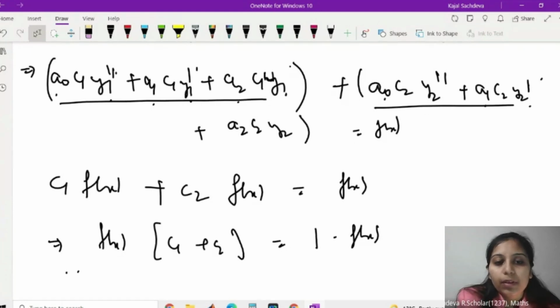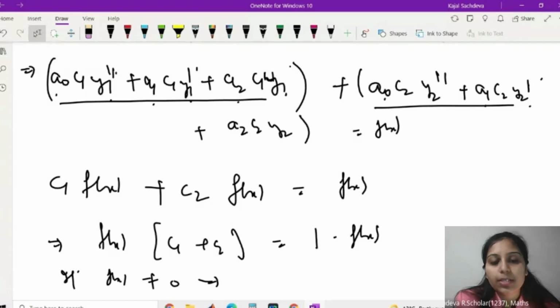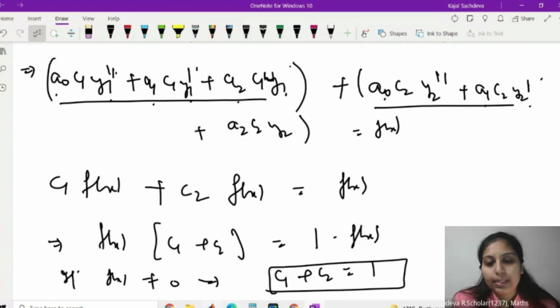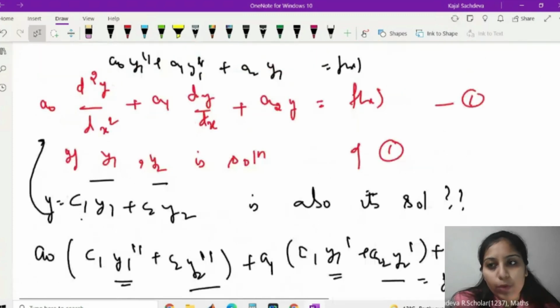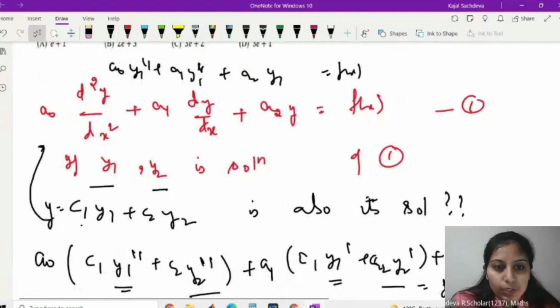But if f(x) is not equal to 0, if we are taking the non-homogeneous part here, then c1 + c2 should be equal to 1. That is the condition for a general type of equation with constant coefficients.